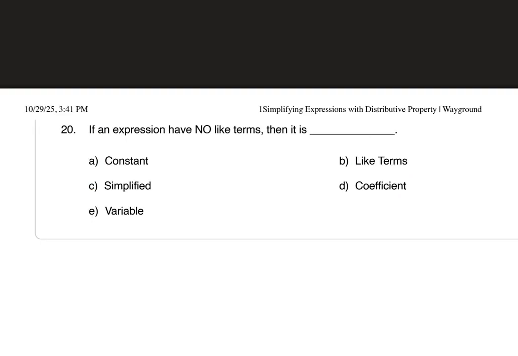Last but not least, if an expression has no like terms, then it is constant? No, that's constant. It's simplified? Not really sure what that is. It's variable? That's a variable. It's like terms?